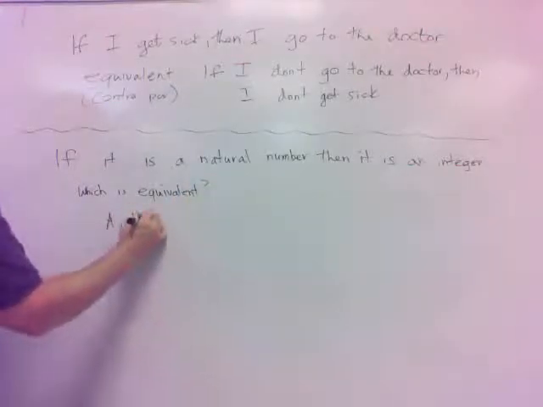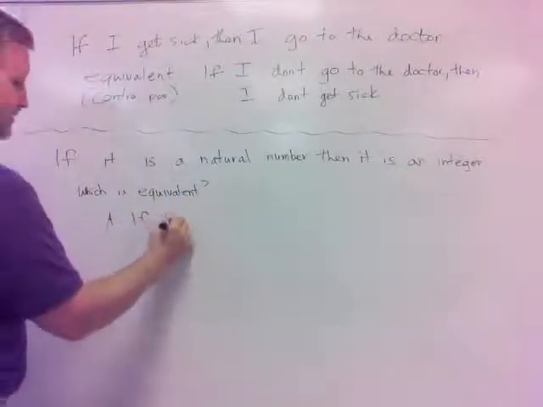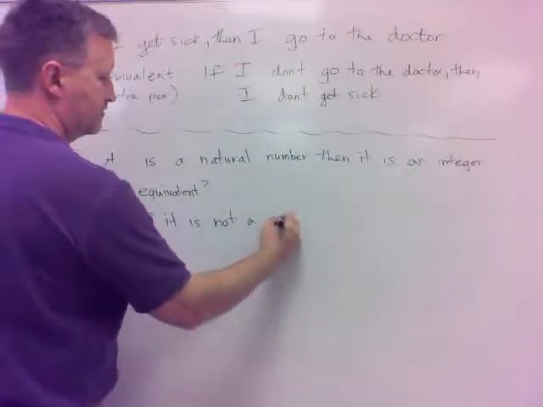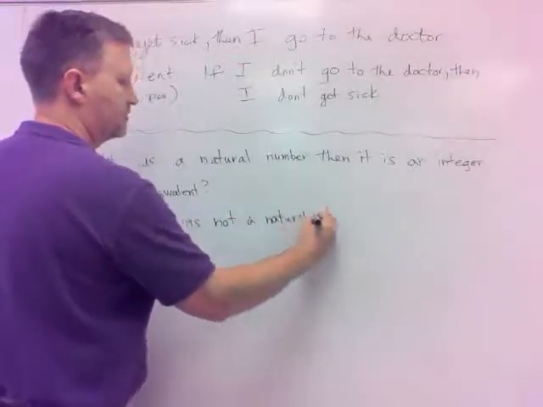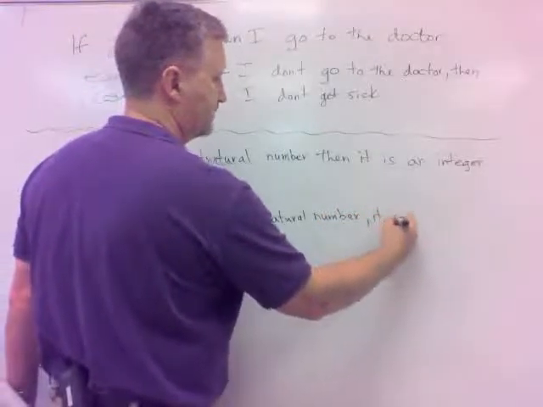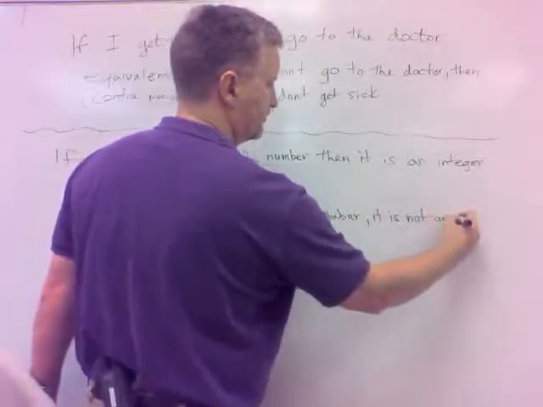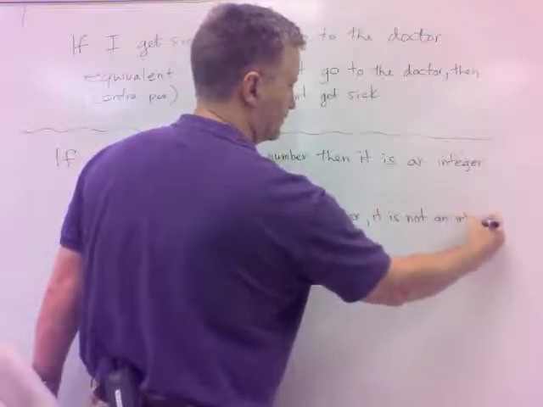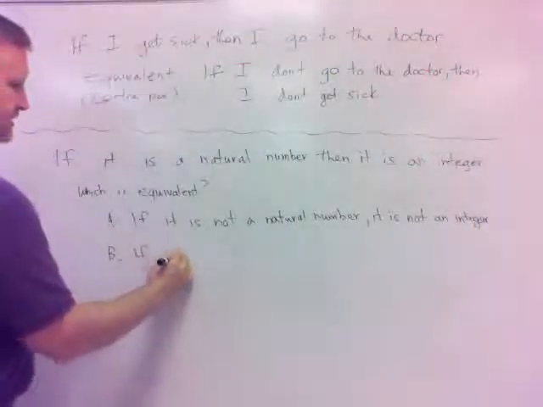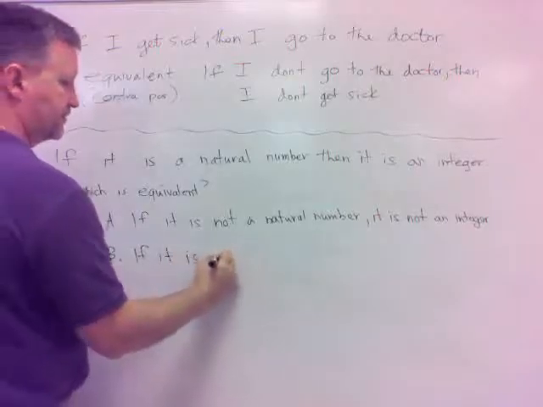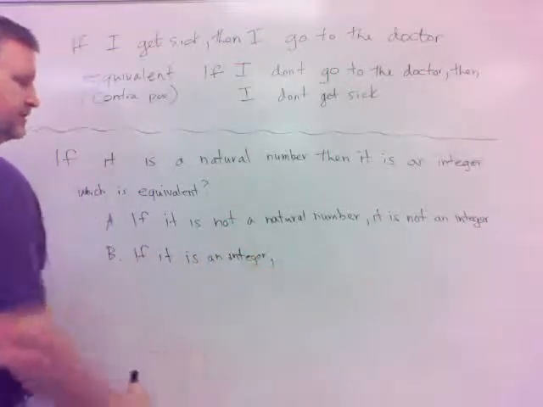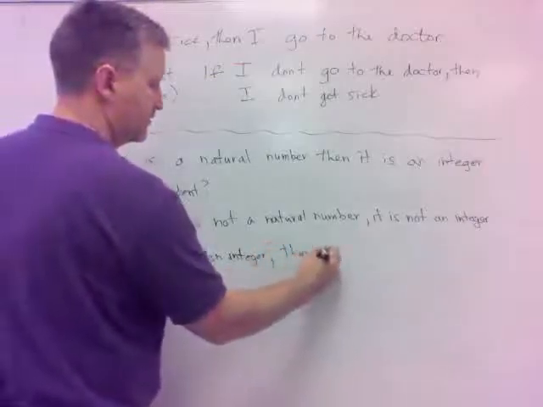A, if it is not a natural number, it is not an integer. B, if it is an integer, then it is a natural number.